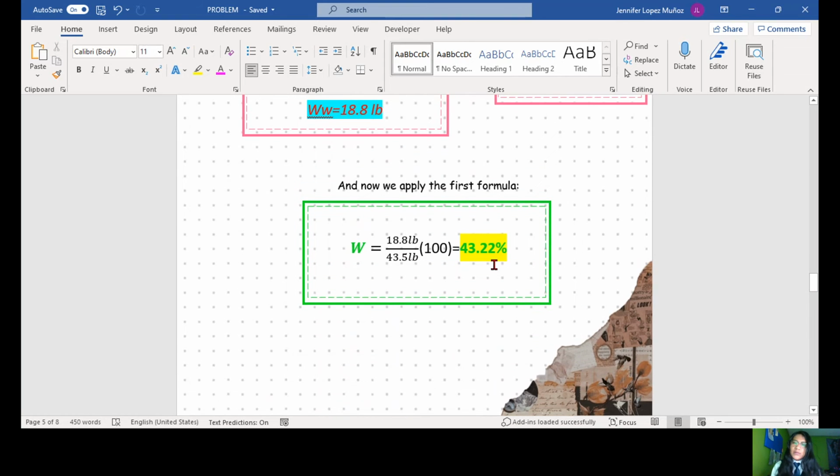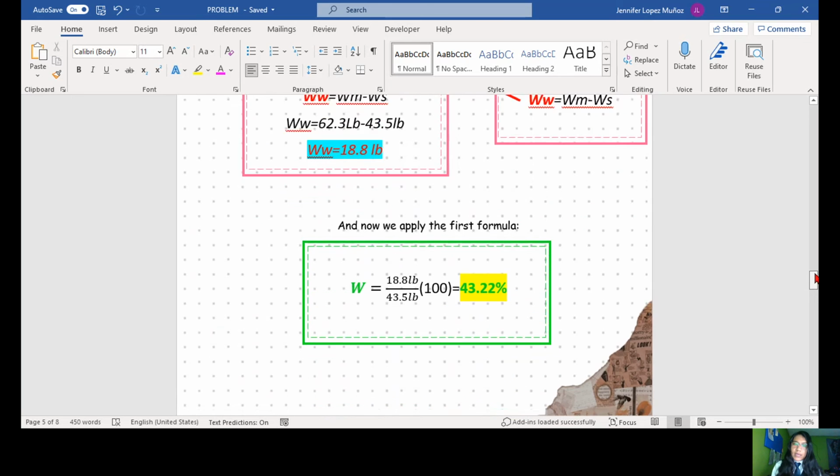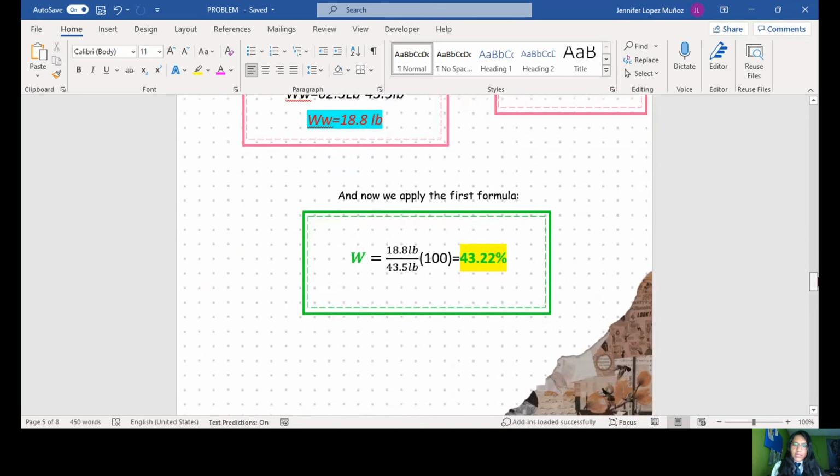This is the result. The humidity is 43.22%.